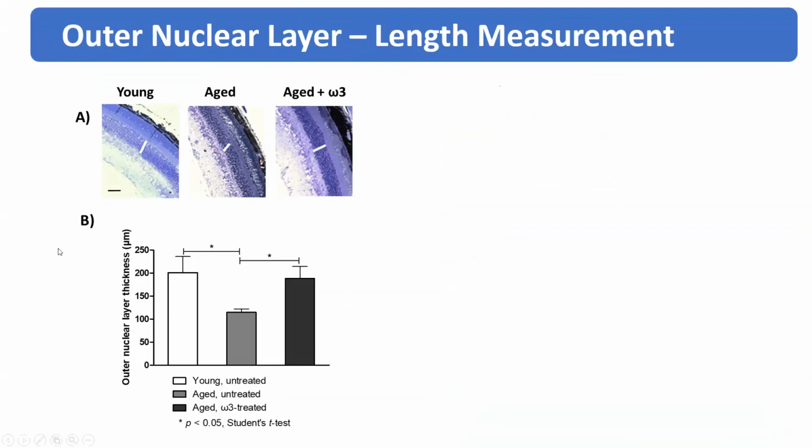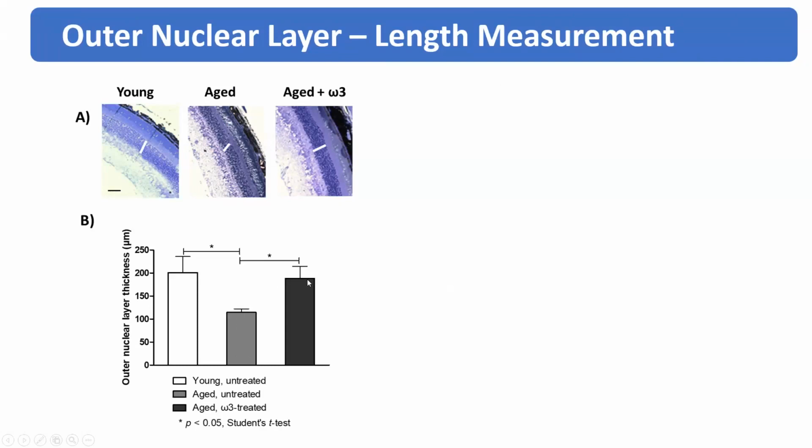This is the most important part of the study, I think, where you're looking at the outer nuclear layer, measuring the length of the ONL, as indicated by the white line. In this case, you can see that young animals have about 200 micrometers thickness of the ONL, whereas the untreated aged animals had a much shorter ONL.